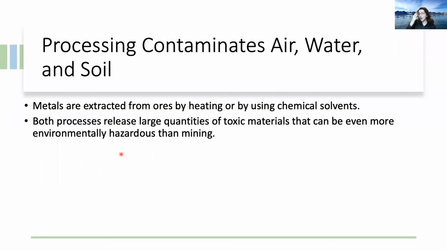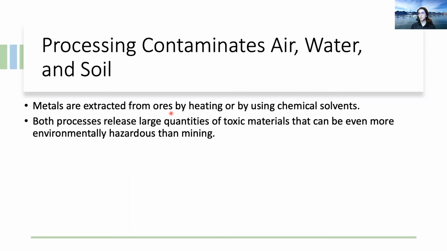Moving now to processing contaminants in the air, water, and soil, as a process after these extraction methods have been employed. Metals are extracted from ores by heating or by using chemical solvents in the bedrock.